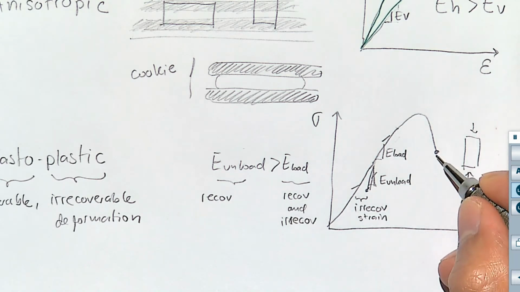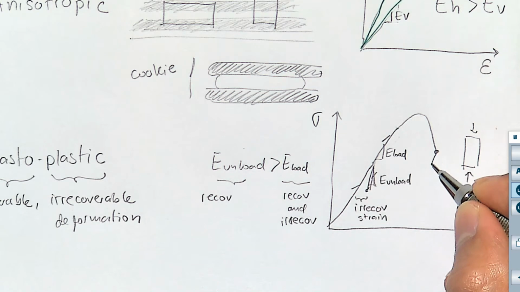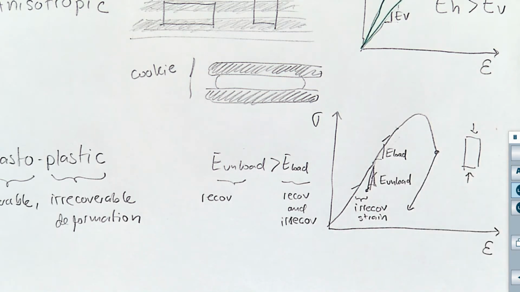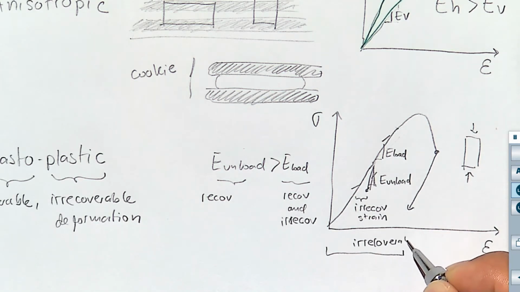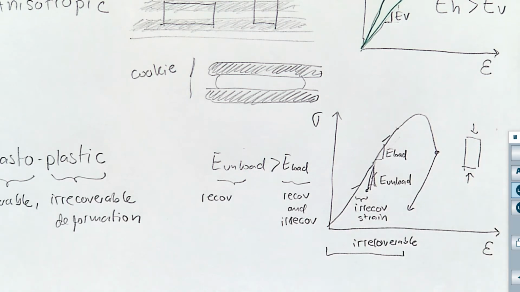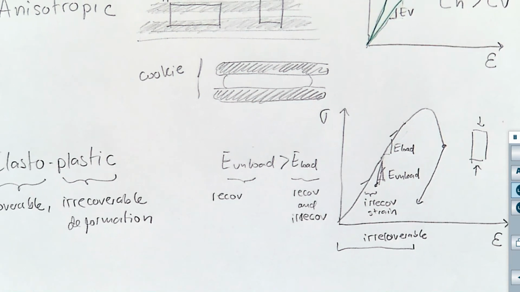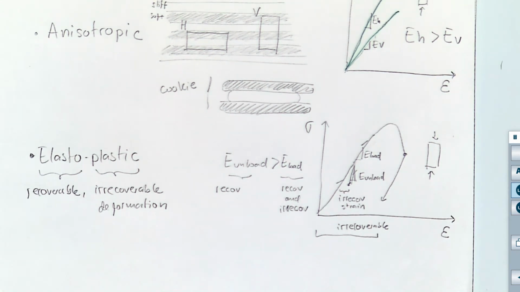If I were to, for example, now unload this rock also in this direction, I will have all of this irrecoverable strain. So that's why in the data that you did for homework number 2 or number 3, I don't remember now, you had these cycles of loading and unloading, because we wanted to compare those two.